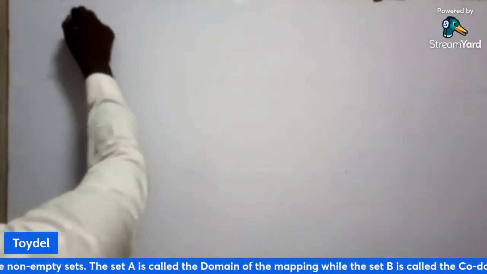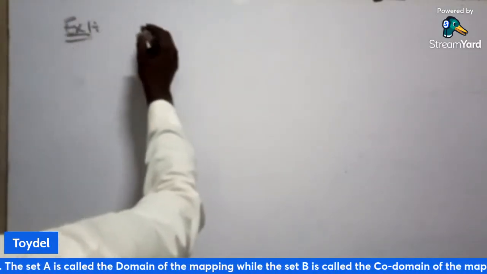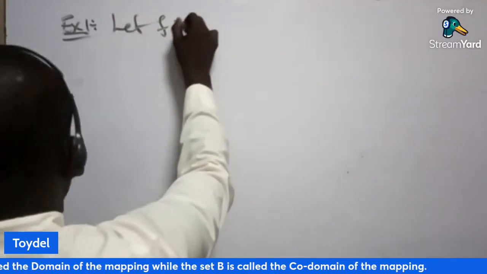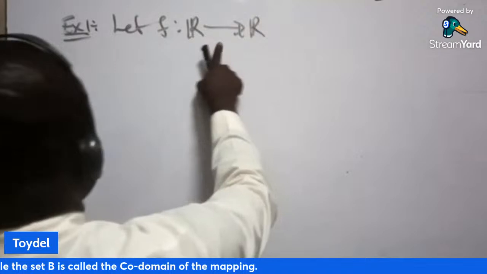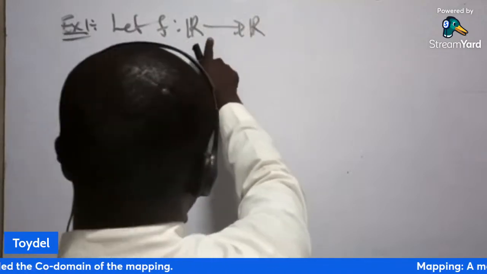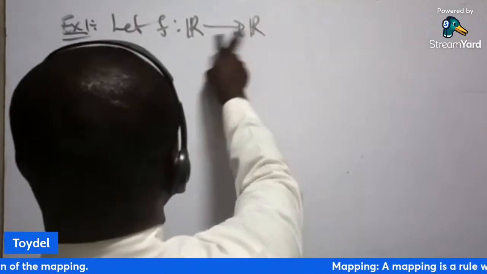Example one, still under mapping. Let f be a mapping from the set of real numbers into another set of real numbers. We can refer to it as a function because we are dealing with numbers.